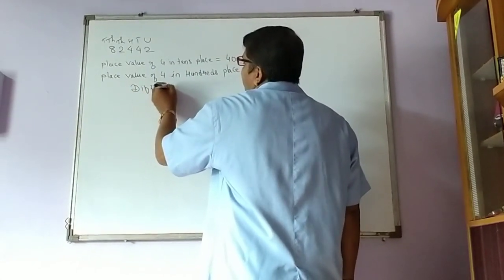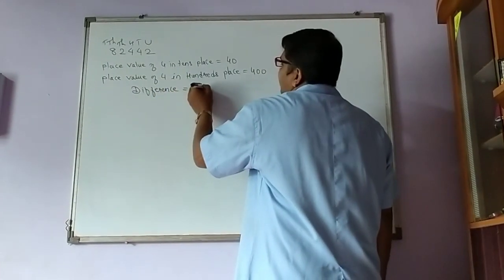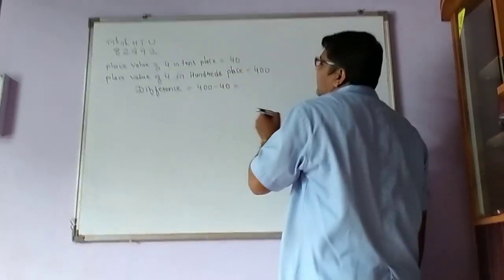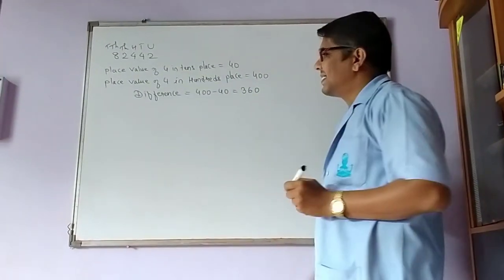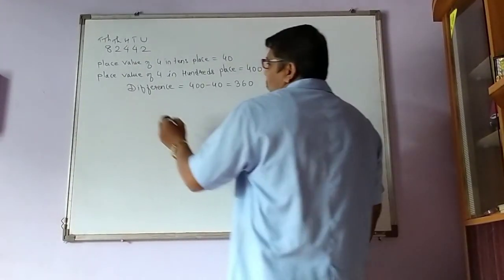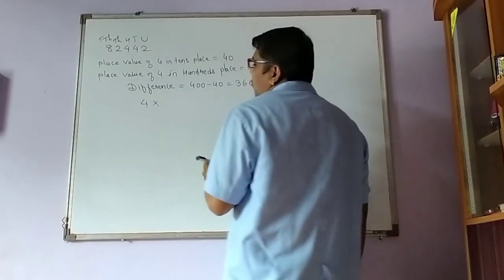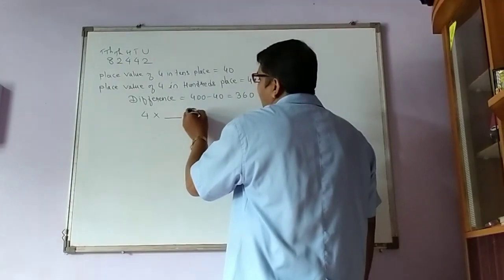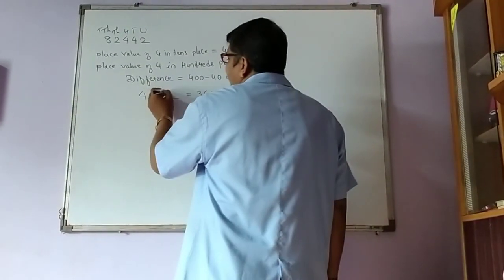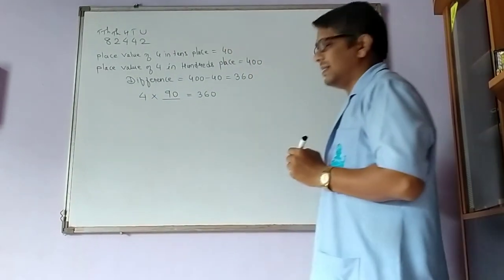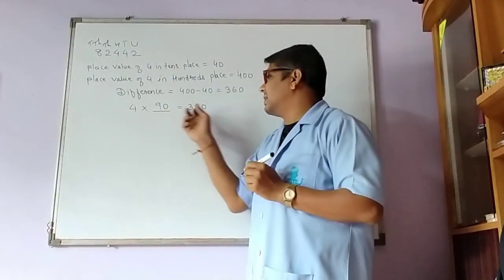What is the difference? So 400 minus 40. So how much is it? 360. Right? Now, what is the digit we have used? 4. So 4, how many are 360? 90. 4 90s are 360.